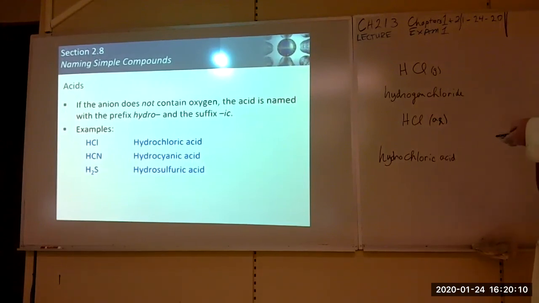Right? Here's one that's made from a polyatomic, CN, the cyanide ion. CN -1 plus hydrogen makes the acid if it's dissolved in water. And that's hydro because there's no oxygen, hydrocyanic. Instead of cyanide ion, it's hydrocyanic acid.